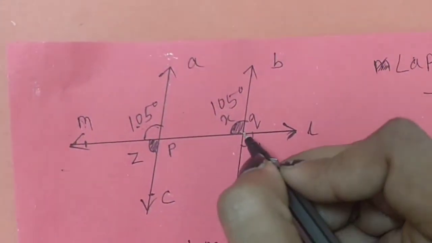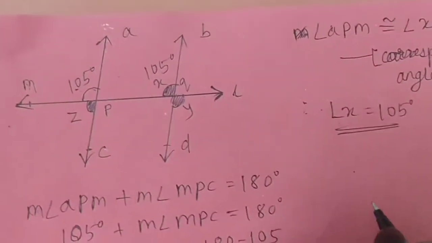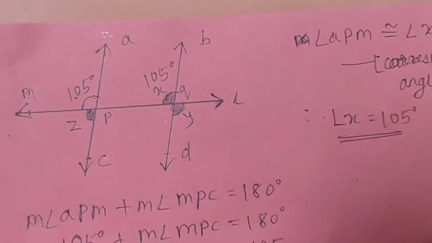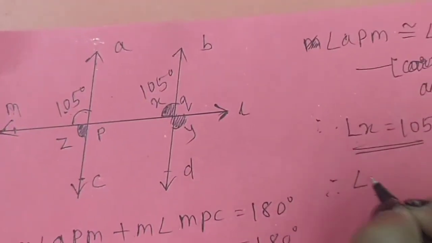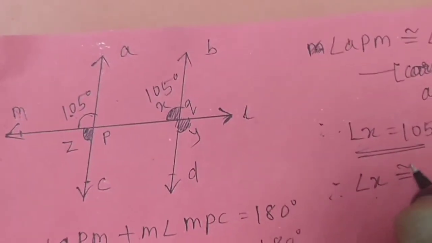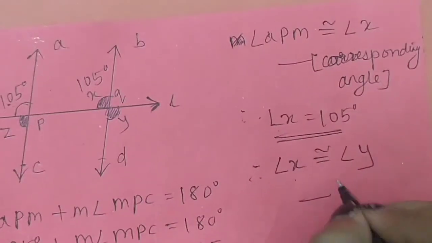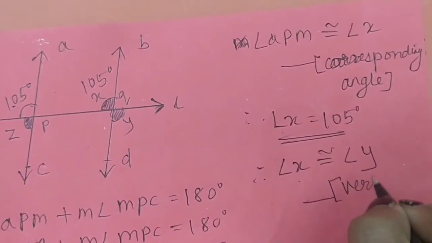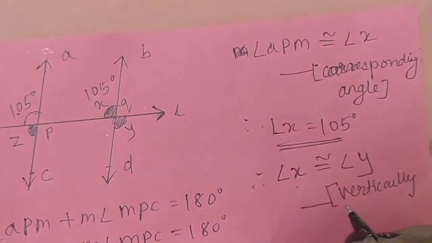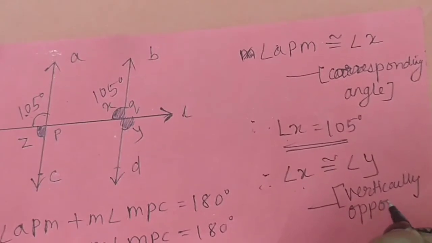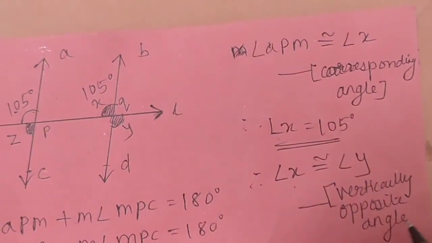Now we have got this x as 105 degrees, and we need to find this y now. You know these angles are vertically opposite angles, and vertically opposite angles are always congruent. So we'll write angle x is congruent with angle y. Reason: vertically opposite angles.